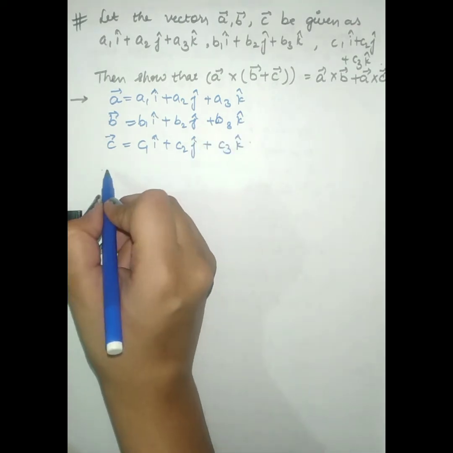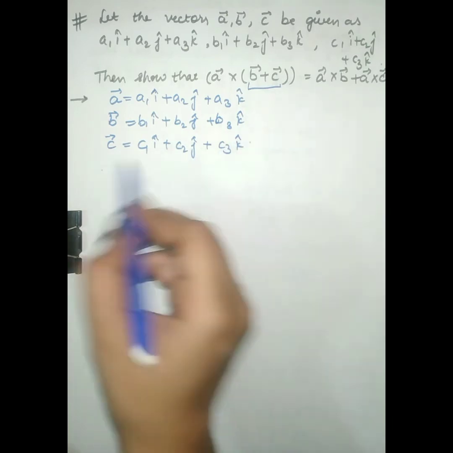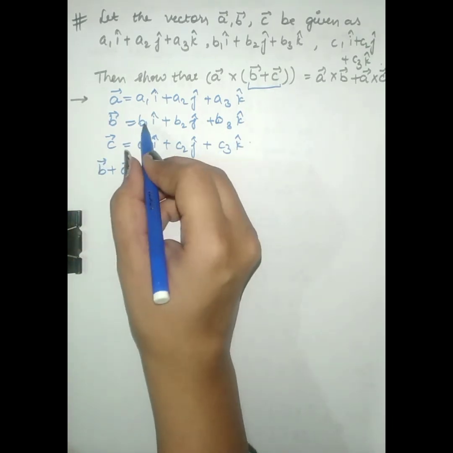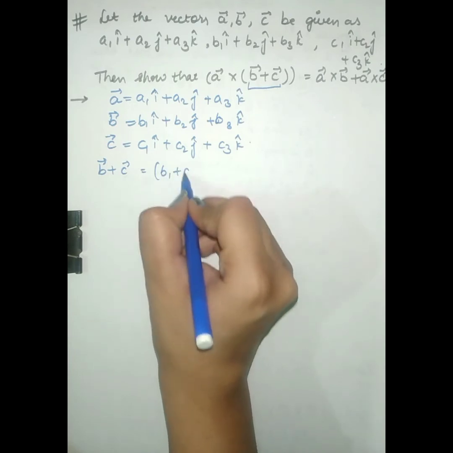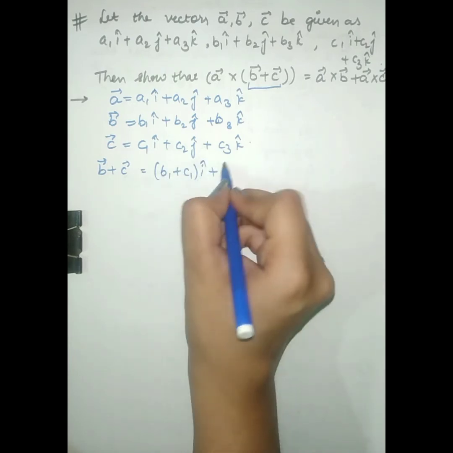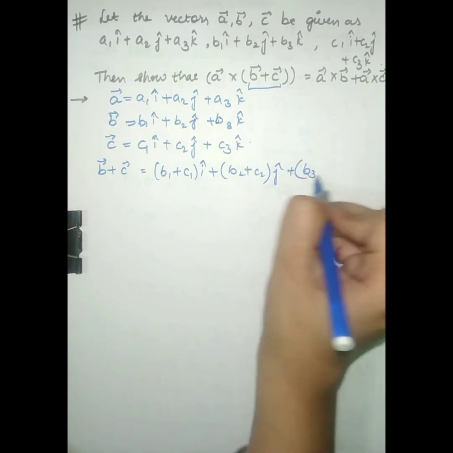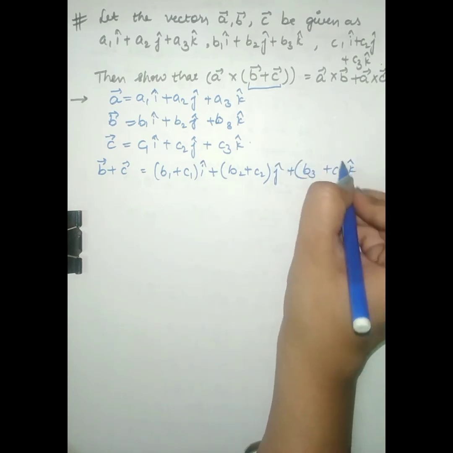Then we have to find B vector plus C vector. This will become B1 plus C1 I cap plus B2 plus C2 j cap plus B3 plus C3 k cap.